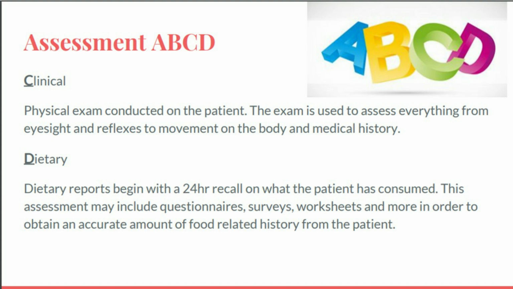Most methods, such as 24-hour recalls, food records, and dietary history methods, underreport actual energy intake by at least 20%. Underreporting errors are even higher in certain groups, such as obese women and elderly people.